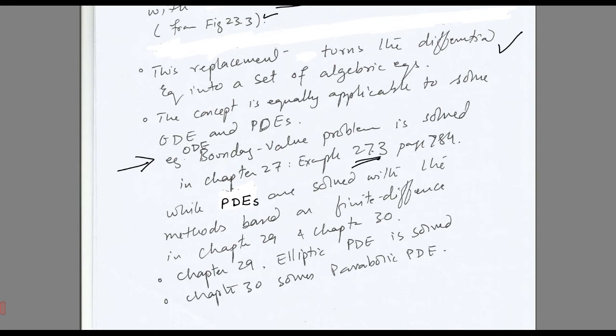For example, you can see 27.3 on page 784, while partial differential equations are solved with the finite difference method in chapter 29 for the elliptic equations, and in chapter 30 for the parabolic differential equations.